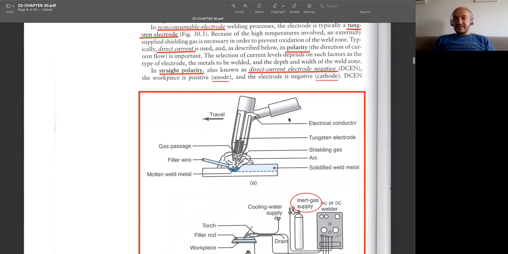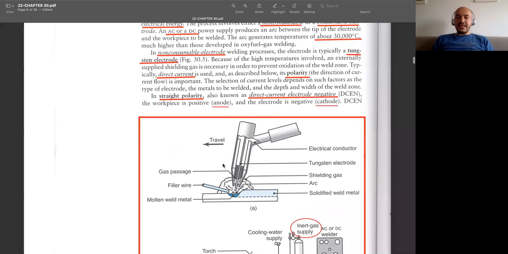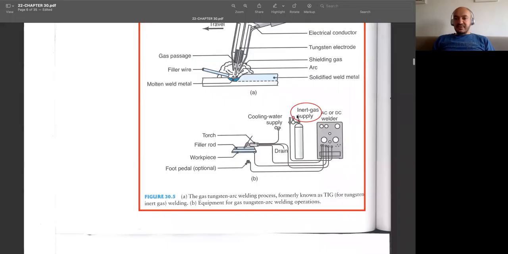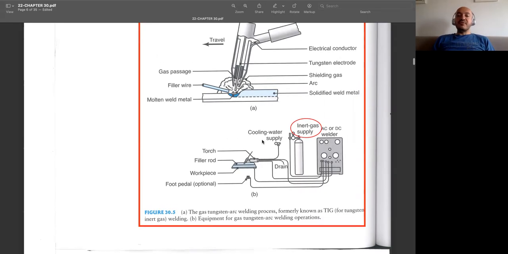Another important thing about this welding process is that we need to be supplying some shielding gas through this torch so that we are not going to have again an oxidation inside our weld or around our weld. And as you see, that's why actually in this equipment we need to have an inert gas supply. And this is not obviously, we are not doing any combustion, but it's only for obtaining an inert atmosphere around our welding zone.